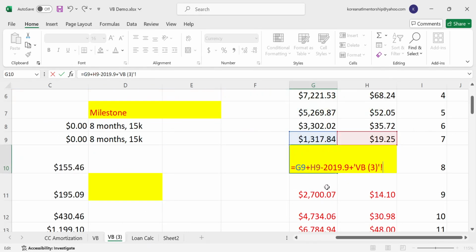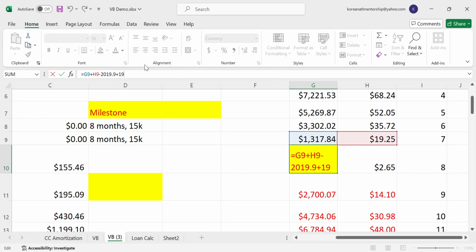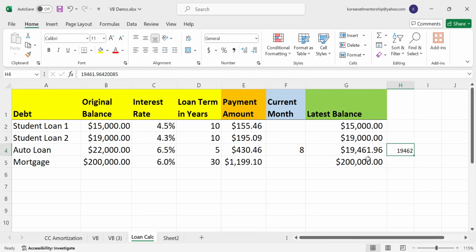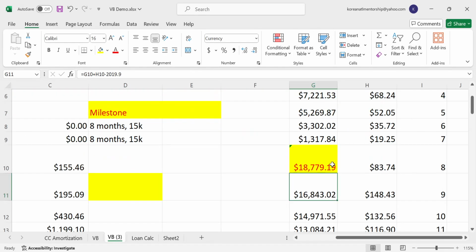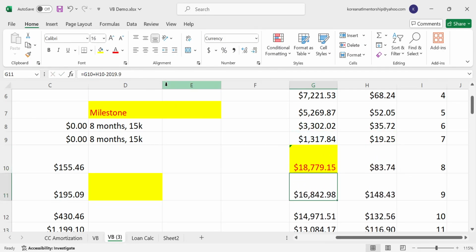So plus 19462. Bam. Okay. So 461.96. Oh, this is giving me such a headache. I should practice this, but whatever. 96. Okay. So now, what's giving me this warning for? Ignore error. All right.